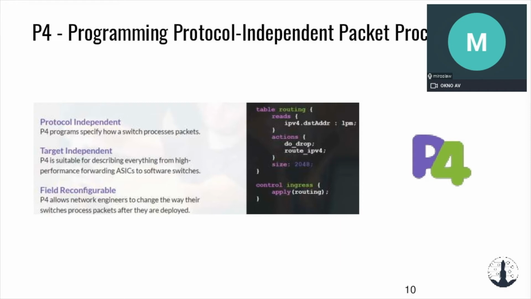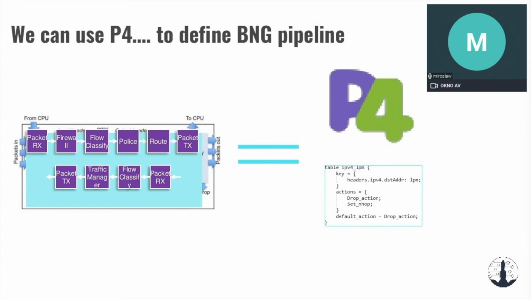Okay, let me just go back to our BNG pipeline. Of course, as I described to you how the BNG pipeline works, the real device which is used by the operator to connect you with your friend on Mars in both directions, it is also a pipeline.